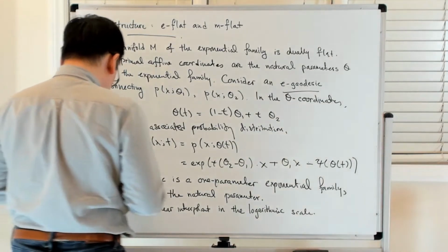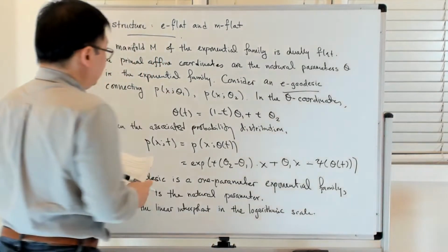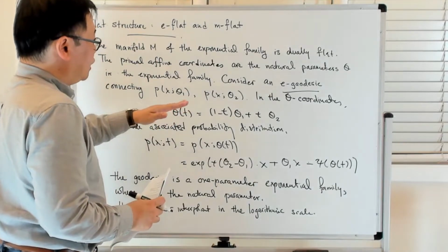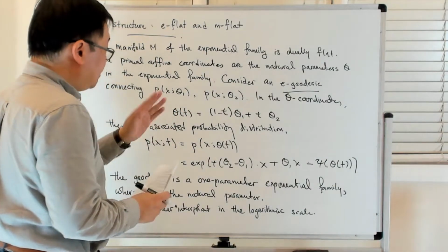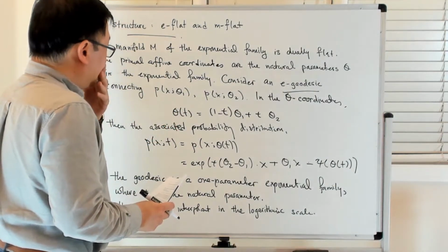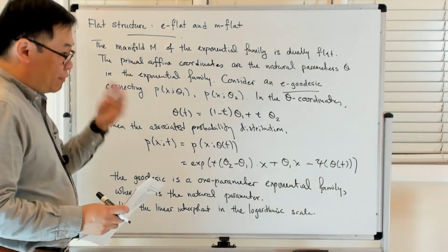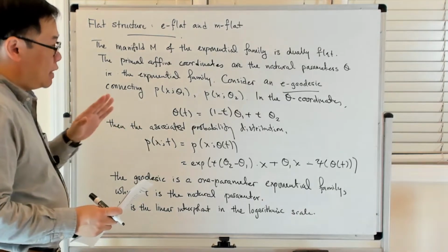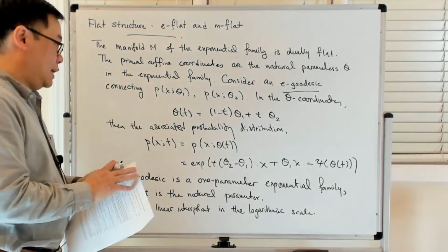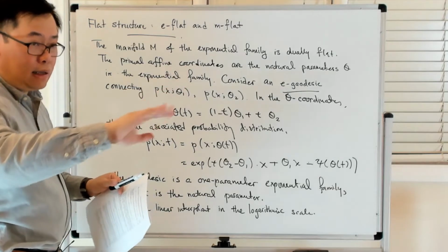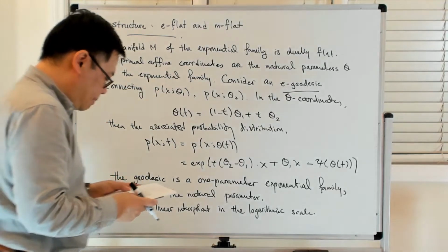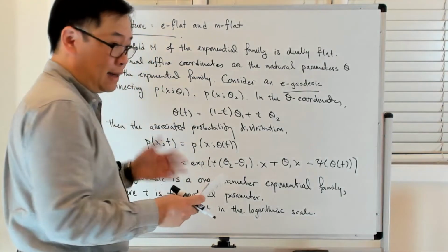Okay. So more generally speaking, if you have a submanifold in this bigger manifold M, where if you were to write it in coordinates, that submanifold has coordinates which satisfy some sort of linear subspace condition, then we call that E flat.